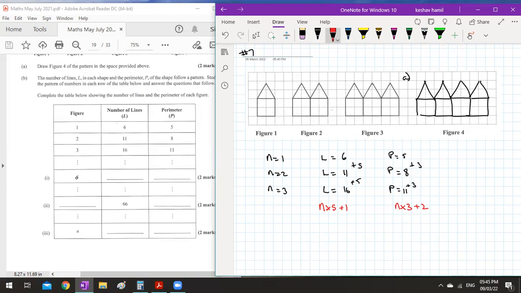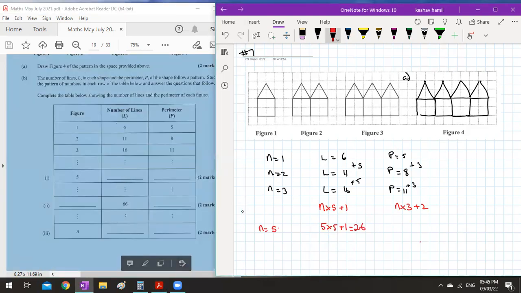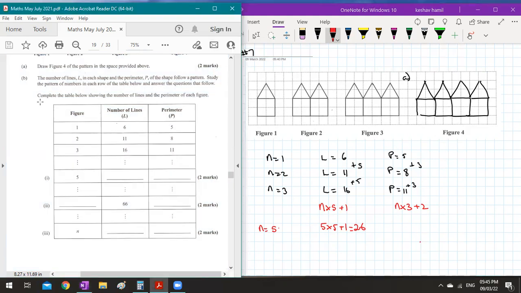So the fifth figure. So when n is equal to 5, we will have 5 by 5 plus 1, which is equal to 26. 5 by 5, so 25 plus 1 is 26. So here we put 26. Right, so let me copy it and fill it in.